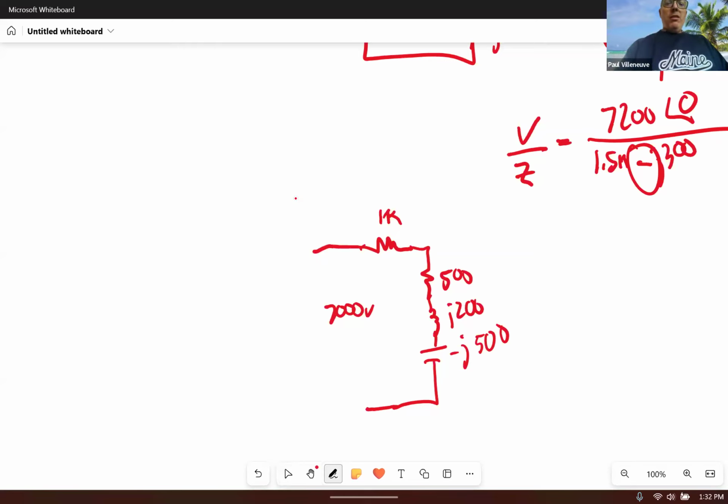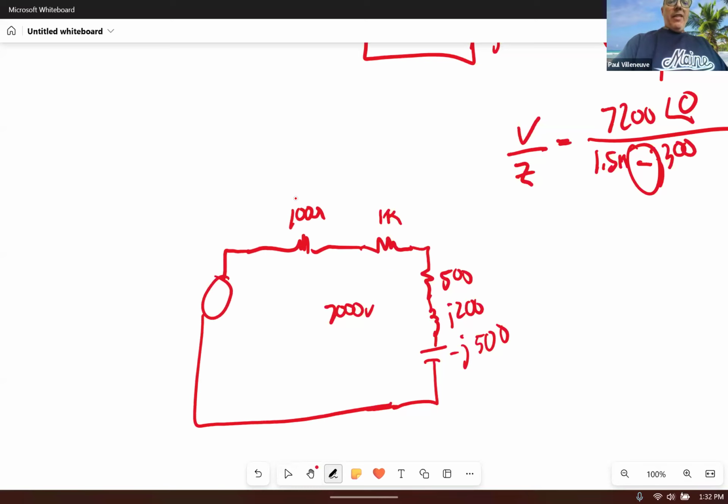Now, I'm going to have a transmission line, and let's say that that's 100 ohms of impedance. And I'm going to have a voltage source over here that the utility is responsible for providing, right? Because they're providing the load. And that is adjustable because I'm mandating that I want 7,000 volts there.